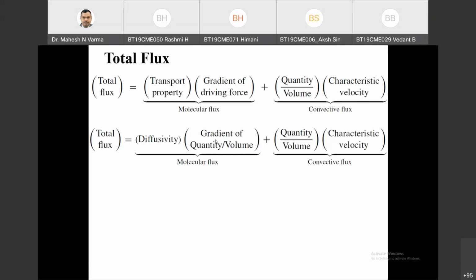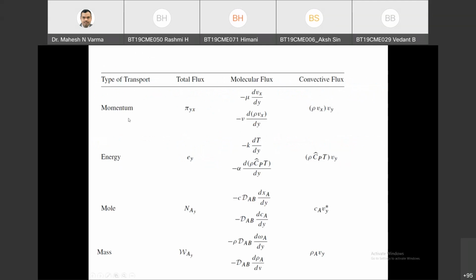So now I can summarize everything. This is total flux. This will be a molecular flux, transport property into gradient of velocity. This will be a diffusivity into gradient of quantity per unit volume. And this will be a convective flux. So you can see velocity represents momentum, directions of momentum.